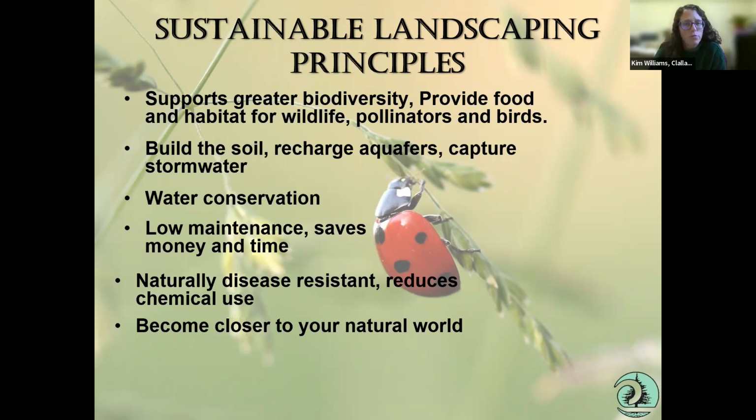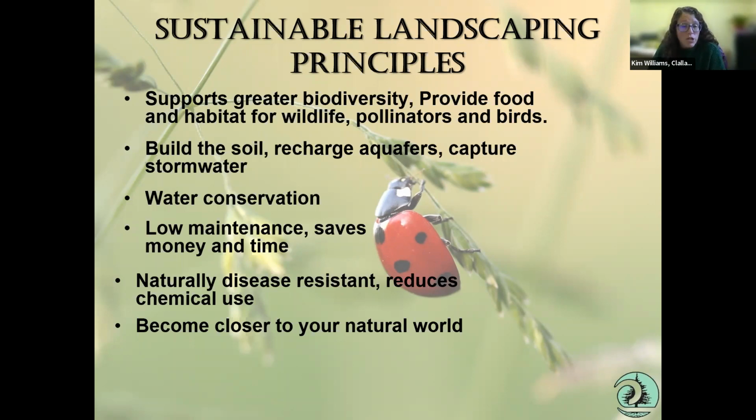And sustainable landscaping really helps to build the soil. Our soil is so important. Basically, you have food or you don't have food based on your soil. And sustainable landscaping can help recharge our underground aquifers and provide filter strips and capture stormwater, which is really important for water quality.